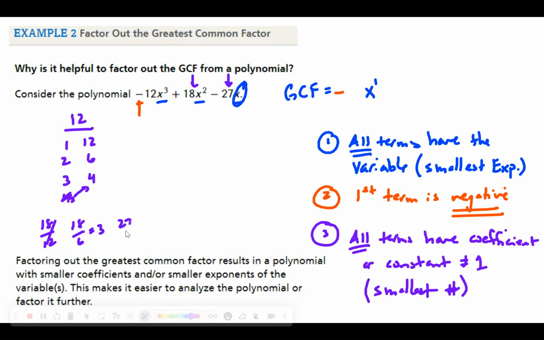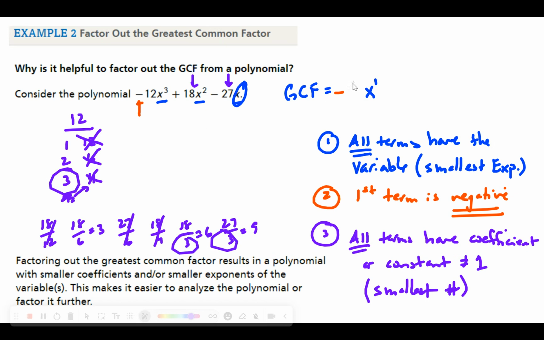Is 27 divisible by 6? No, you get a decimal. Is 18 divisible by 4? No. So I'm just checking all these numbers. So 12 is not going to work, 6 is not going to work, 4 is not going to work. Okay, is 18 divisible by 3? Yes, you get 6. Is 27 divisible by 3? Yes, you get 9. So 3 is going to be in our GCF. So for this problem, negative 3x is our GCF.